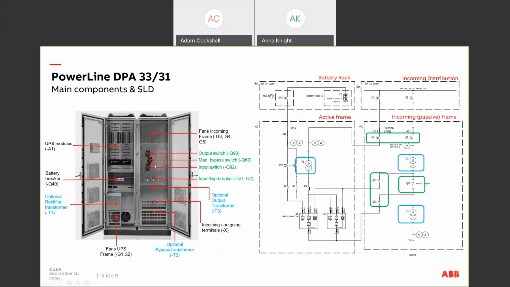You can see that we've got all the switching. So you've got your input, your output, your bypass switch, and your transformers, if they are optioned in, included in this passive side of the frame. So electrically, you can completely isolate yourself while working on this frame for maintenance or replacement purposes.